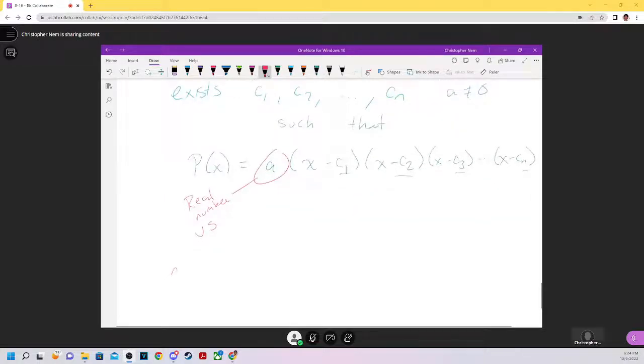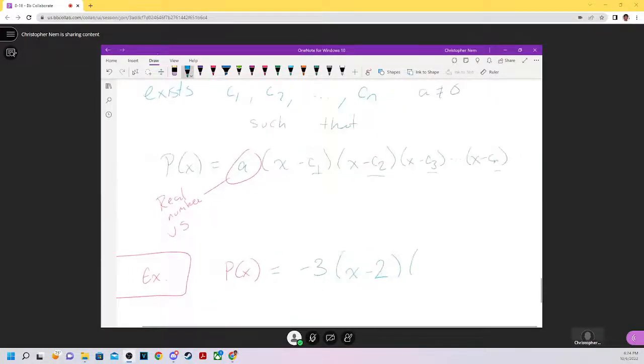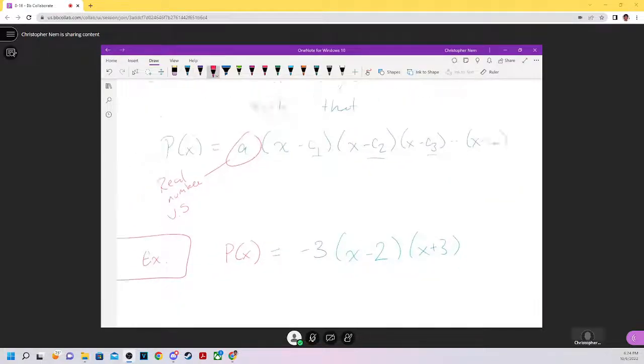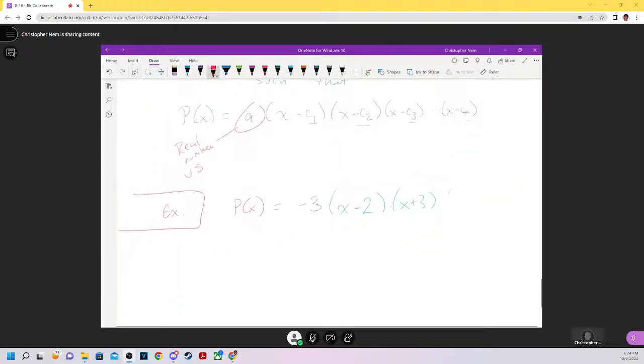So for example, P of x is equal to negative 3 times x minus 2, x plus 3, and then x minus 2i, x plus 2i.